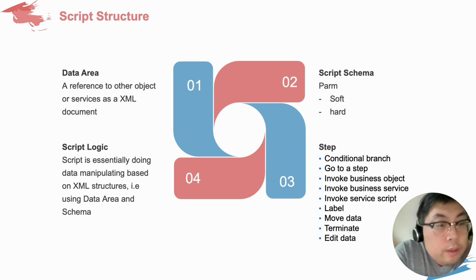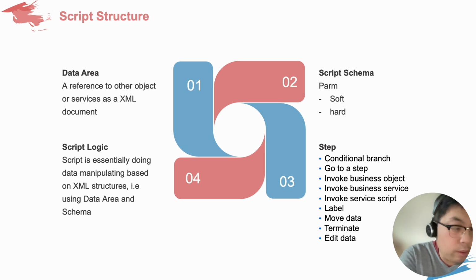Now, let's look a bit more at this script. What are the components of the script? Okay, the data area. The script has a data area, and it's very much like when you write Java code, like an import function.